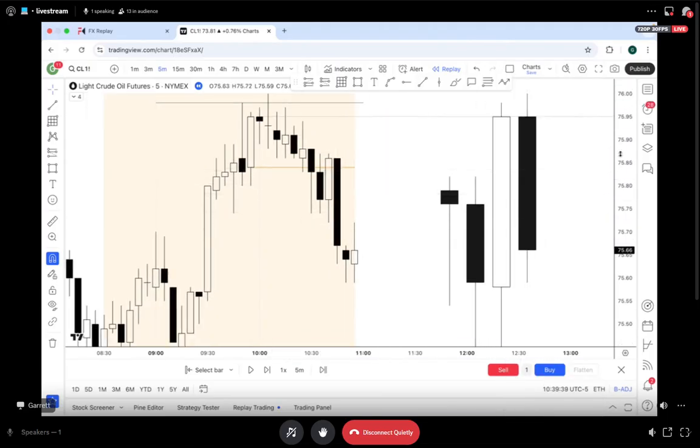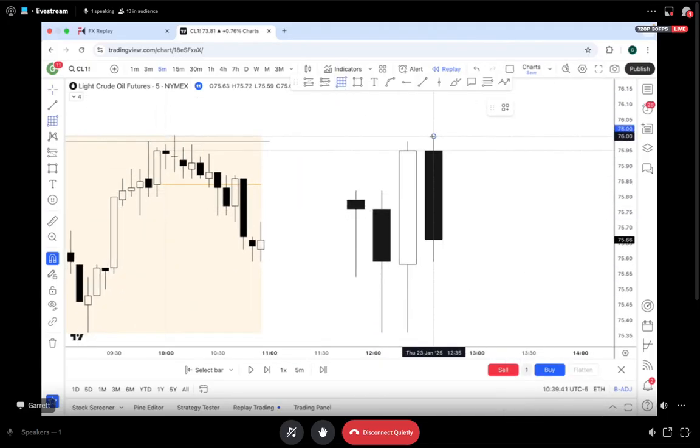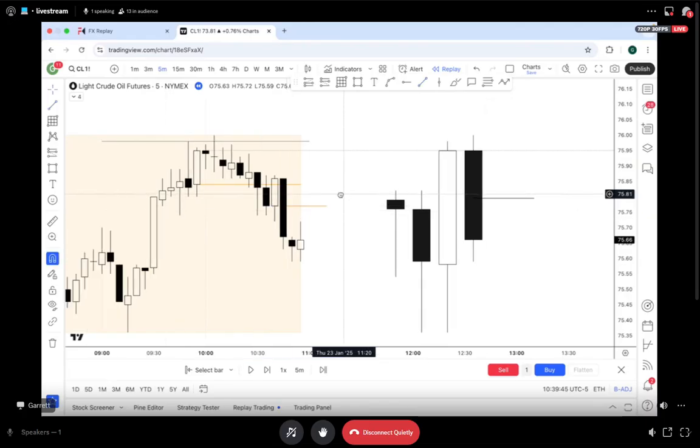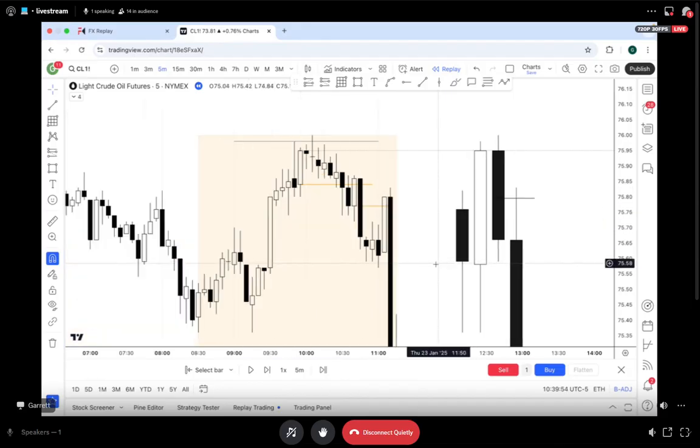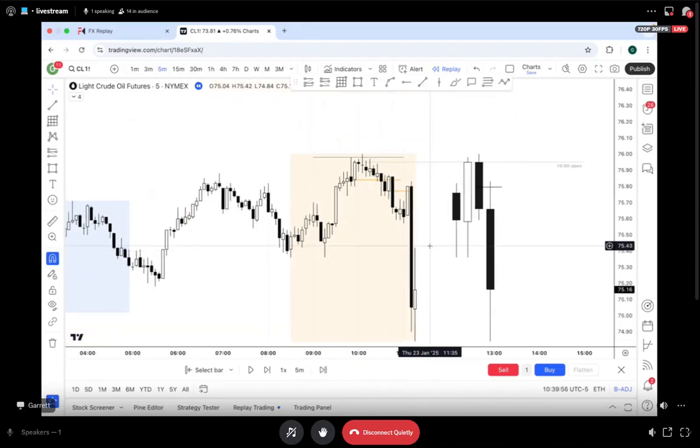And now I just look within this range. Now my invalidation is pretty much this opposing candle, because this opposing candle is around the EQ of the previous candle's range. Does that make sense? See how we reverse off that?